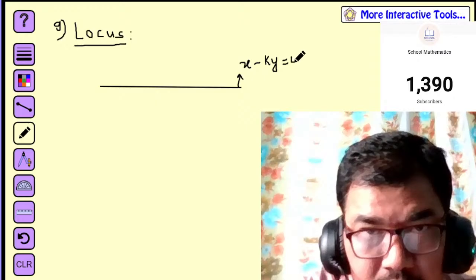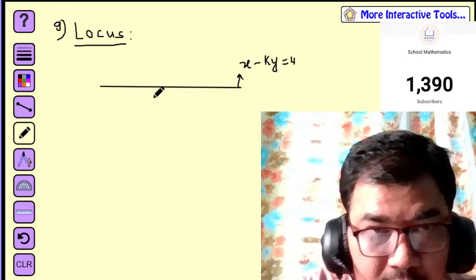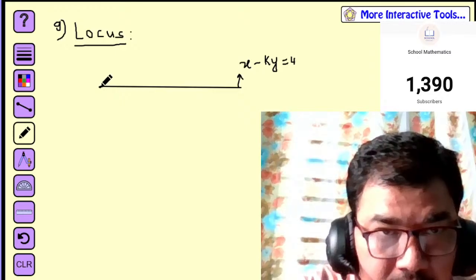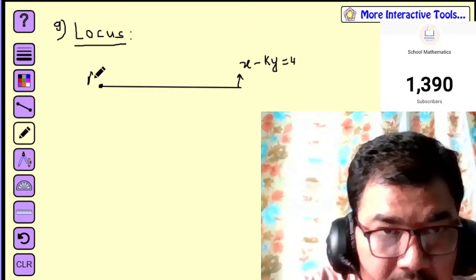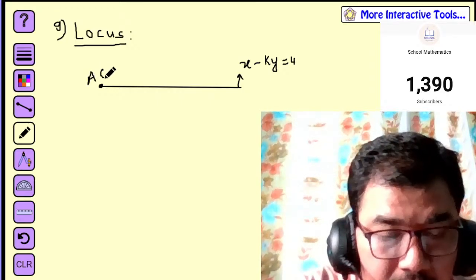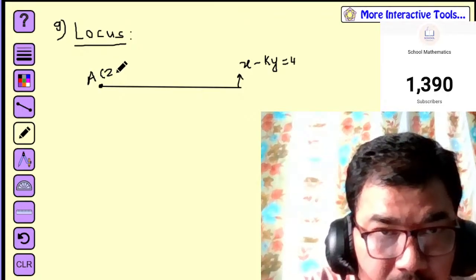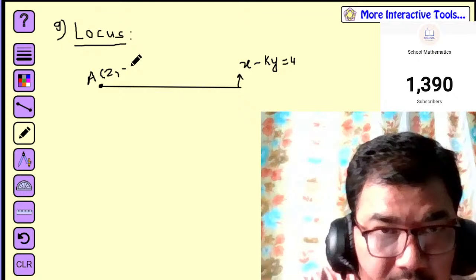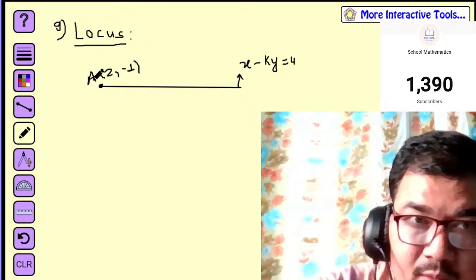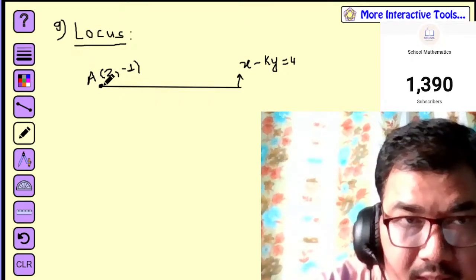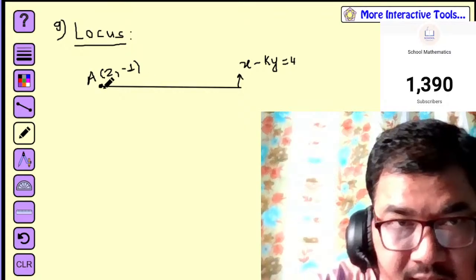If this is the locus, that locus is made by a point. This locus was made by this point. Suppose here is one point, named a, and the point given there is 2 comma minus 1. If 2 comma minus 1 is the point which has made this locus, this line is made by this point.